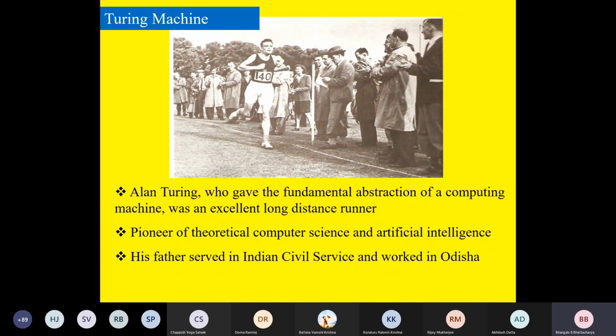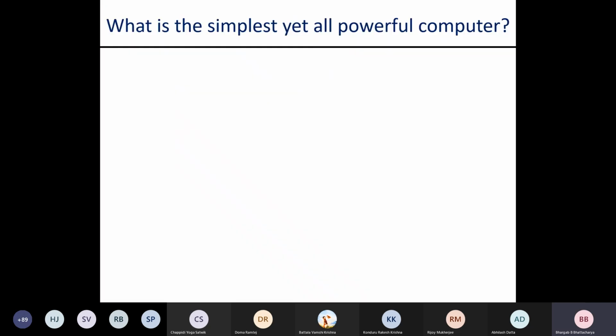Well, so what is computability? Let me touch upon it very quickly. So what is the simplest yet all-powerful computer? We want to conceive a computing machine which should be able to execute an algorithm. By algorithm, we mean some well-defined pen and paper methodology, which given some input would produce output and would terminate.